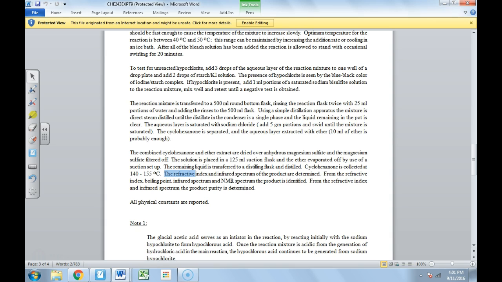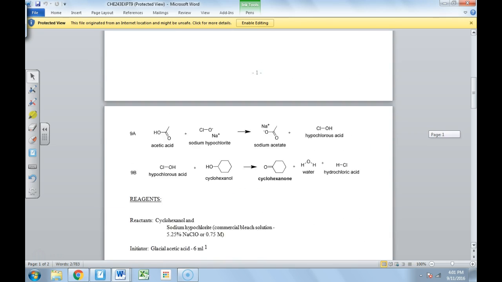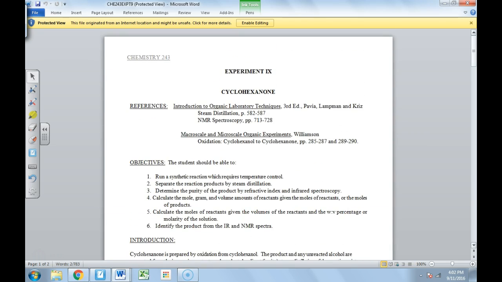I probably will review the safety procedures one more time, because I'm a safety nut, and then we will get started. So that is the Prelab video for Lab 9, the oxidation of cyclohexanol to cyclohexanone.